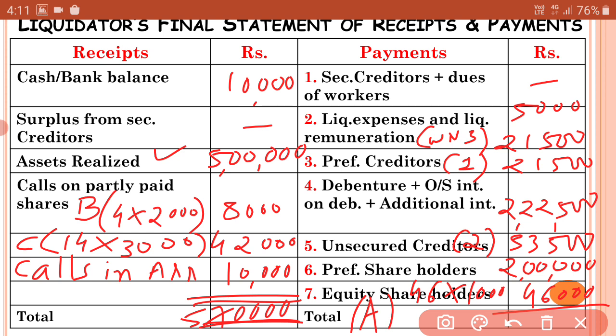This question is illustration number 11, page number 241 in my book. Just you check it, the question is Survi Limited and the total of balance sheet is 8 lakh.